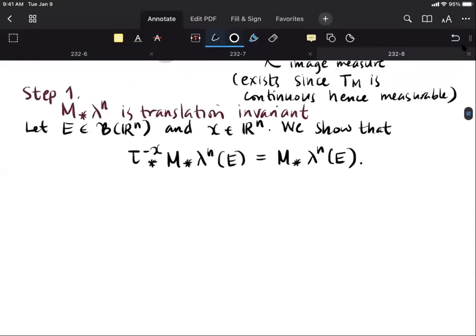Okay, so to prove this, let's start with the left-hand side.